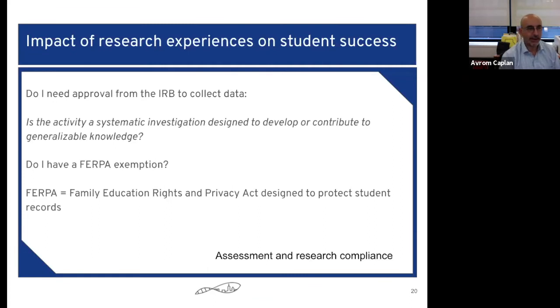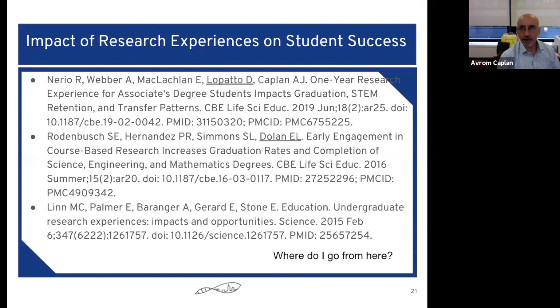So next slide. All right, and this is very, very quick. I just wanted to tell you where you go from here, because I've literally just touched on a few of the points. And there are three papers. One is one of my own papers, a mixed methods paper combining longitudinal and qualitative analysis, about student experiences in research in community colleges, where we looked at 400 students over several years.